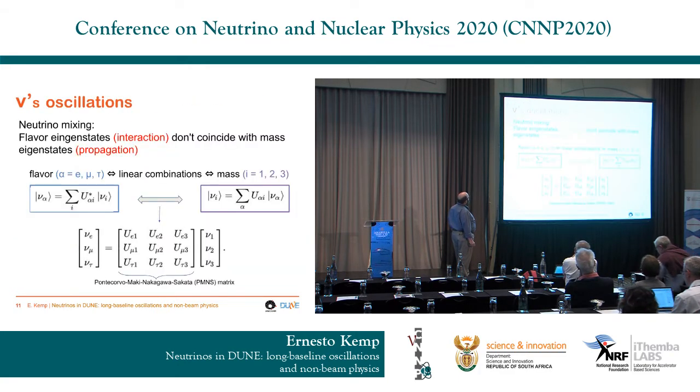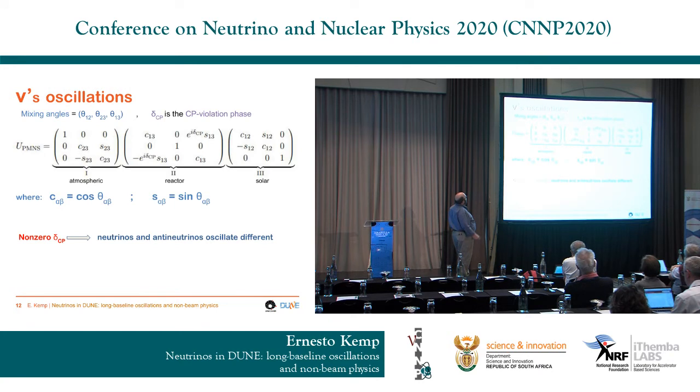So let's talk a little bit about neutrino oscillations. Everyone knows that the flavor and the mass eigenstates do not coincide, so the connection can be made by the PMNS matrix. And this is a factorized version of the PMNS matrix, simply 3 successive rotations over the basis.